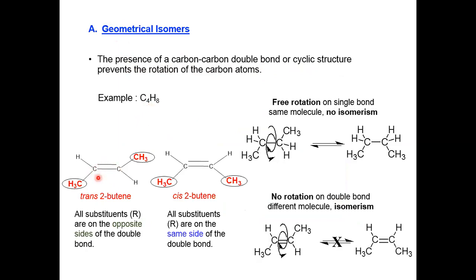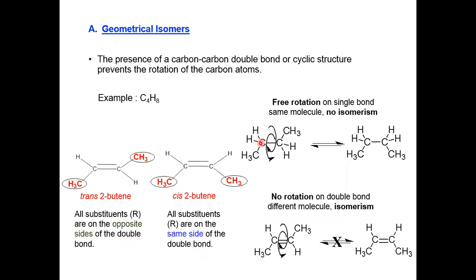This is your double bond. This is your trans position, so it is transverse to each other. Trans-2-butene: all substituents are on the opposite sides of the double bond. Whereas for your cis, both of your R substituents are on the same side of the double bond.